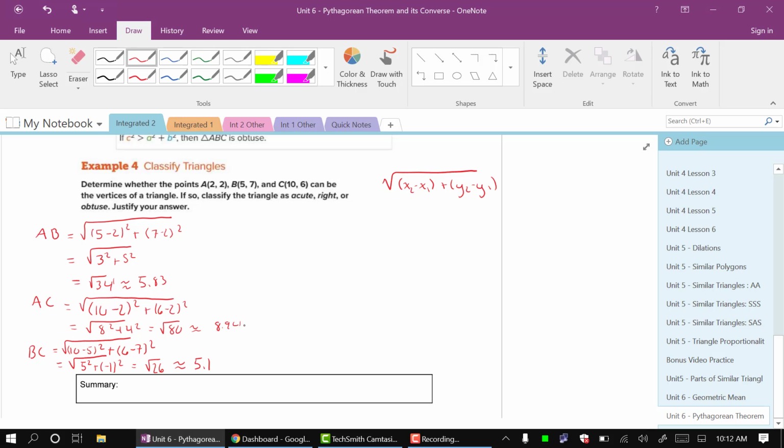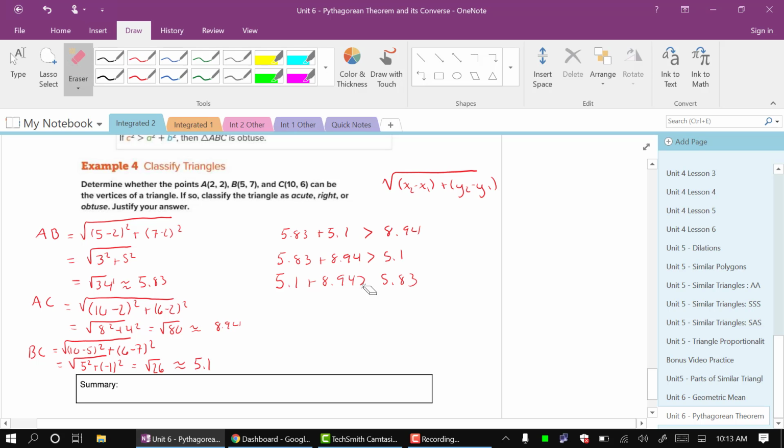So what we want to do is add our two smaller sides to see if it's bigger than our larger side. So basically, to form a triangle from a previous theorem. So we have 5.83 plus 5.1, which is greater than 8.94. And then also we're going to use our other sides: 5.83 plus 8.94 is greater than 5.1, and then 5.1 plus 8.94 is greater than 5.83.